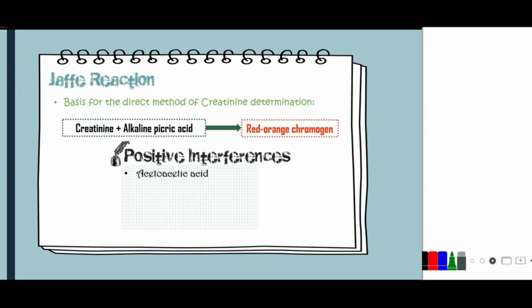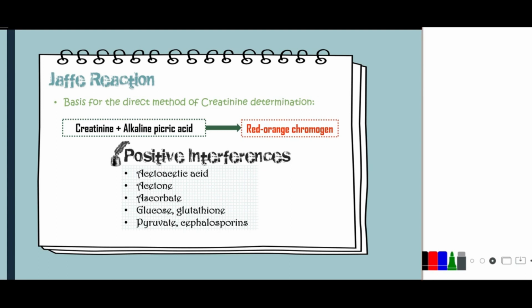These substances include your acetoacetic acid and your acetone. So basically the ketones interfere with creatinine determination using your Jaffe reaction. Aside from that, we also have your ascorbate or ascorbic acid, glucose, glutathione, pyruvate, and cephalosporins.